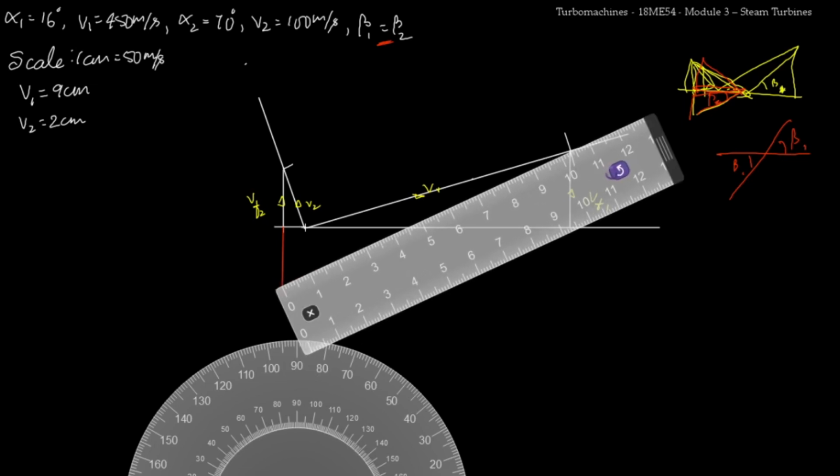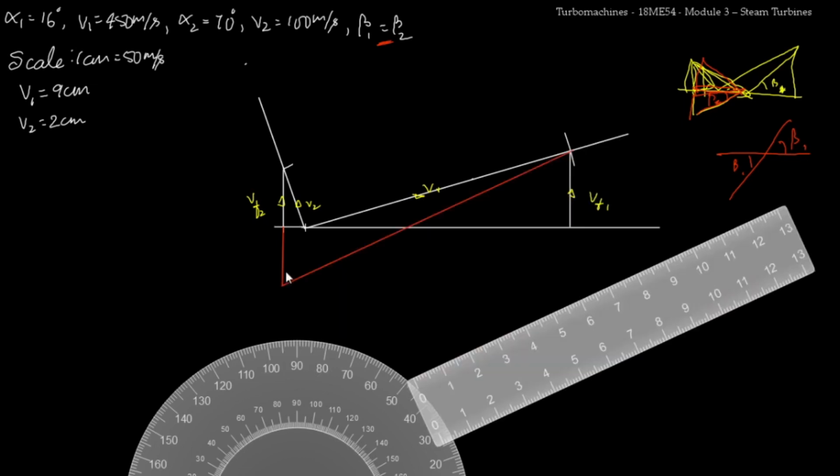I place it over the apex of the first or the inlet velocity triangle. Now I'll join these two wherever this line intersects the horizontal line. So from here till here will be the length of U. This is our U and this is our VR1.